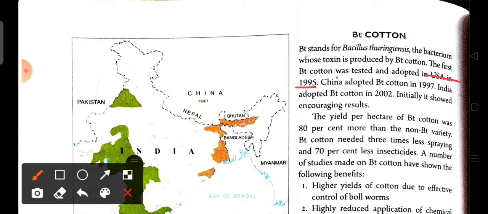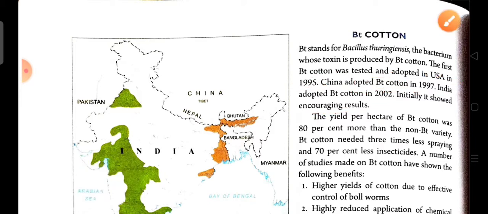China was the next to adopt BT cotton, in 1997. India adopted BT cotton in 2002 and initially it showed encouraging results. That means in the starting period it showed a considerable increase in production.